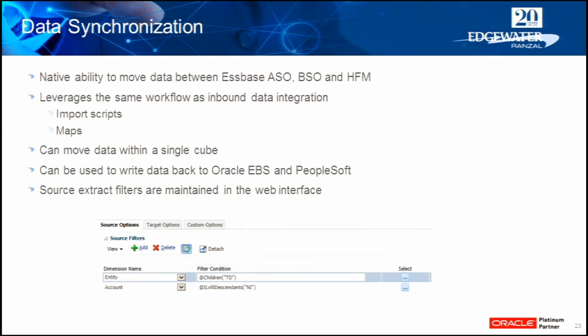The nice thing about this is when I'm moving this data, that extract parameter, those things that I want to say, okay, pull this data out of one Essbase cube or one planning repository and move it over to the other, is maintained right on the web. And I use all of my same functions, so my @RELATIVE, my @CHILDREN, my @DESCENDANTS, all those different things I can continue to use right there on the web interface.